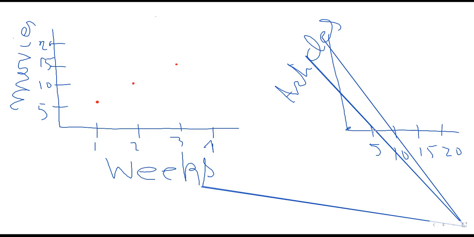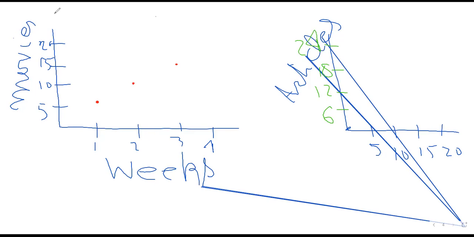So 5 movies, and here we should write the line also. So let me draw the line first. These are the lines, those are 6, 12, 18, 24. What I mean to say is 6 articles, 12, 18 and 24 articles at the end.